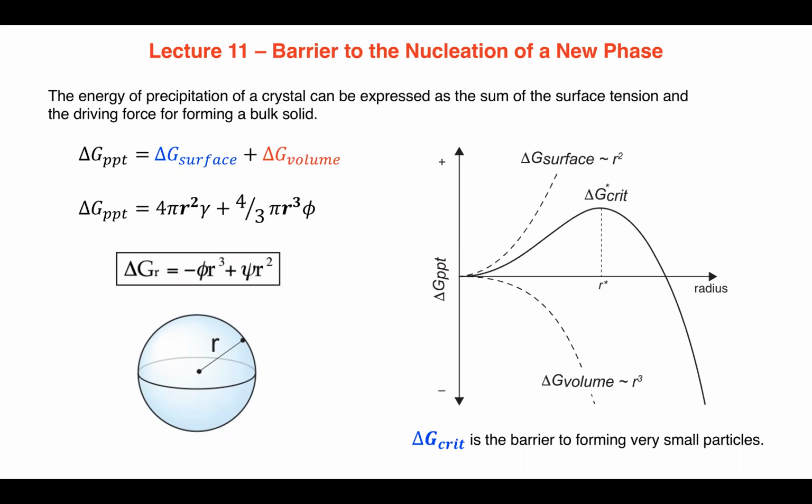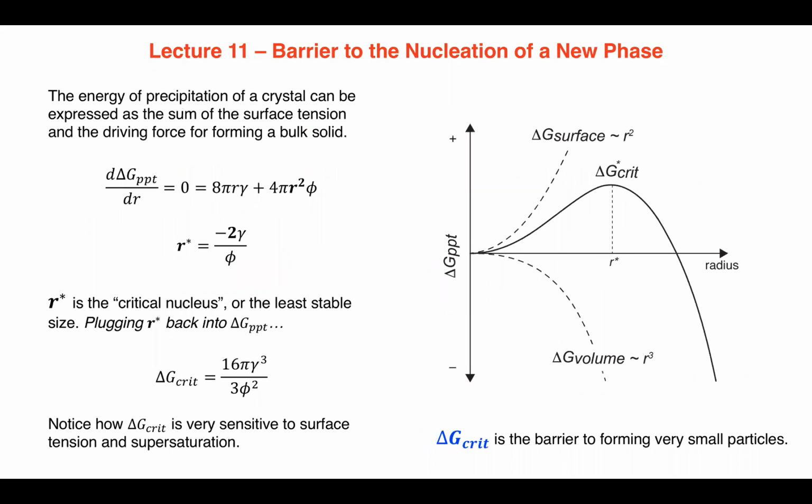And when things are really supersaturated, then this R star gets smaller. Right? We looked at a couple of different R stars for different values of supersaturation. So when the solute concentration is really high, little particles become stable to dissolution, because the driving force for making that tiny little thing goes up.